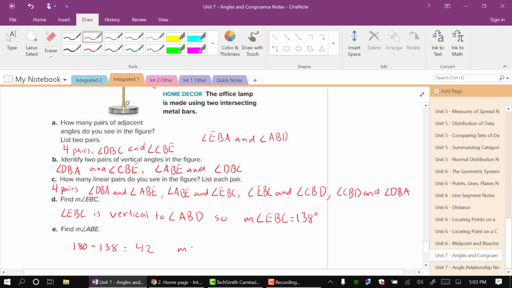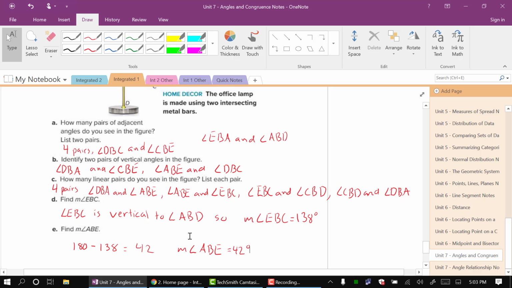So the measure of angle ABE equals 42 degrees. So notice how in A, B, and C, we are just listing off our pairs based on the notes that we took. Then D and E, we did need to show some work. So our work here in D is just that there are vertical angles. And our work here in E is that it's 180 minus 138 to give you 42 degrees.